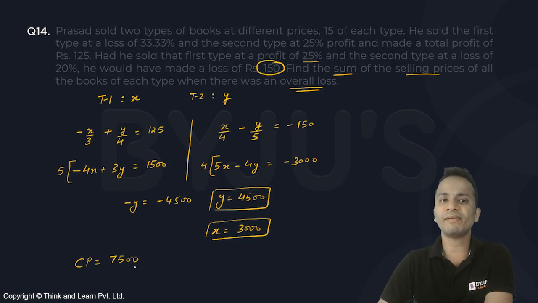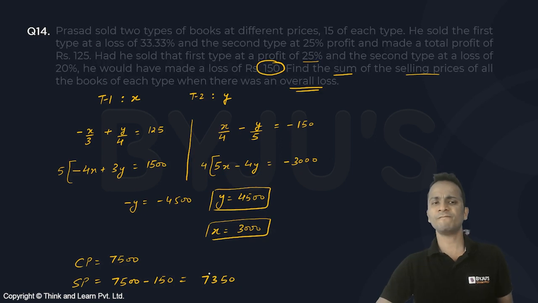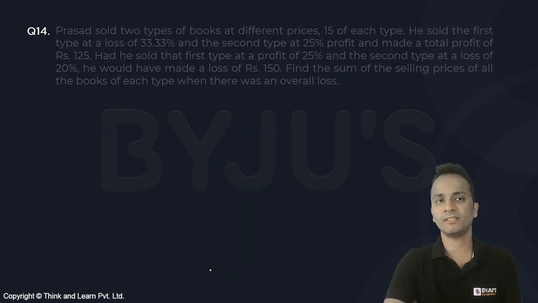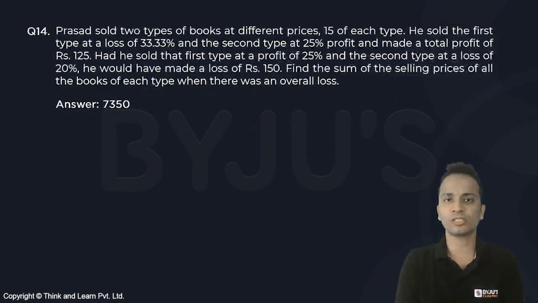So if the sum of the cost price is 7,500, then the sum of the selling prices will be cost price minus the loss, and that should be 7,350. 7,350 should be the final answer, right? So this question was pretty straightforward, not at all any complexity, must have been attempted.